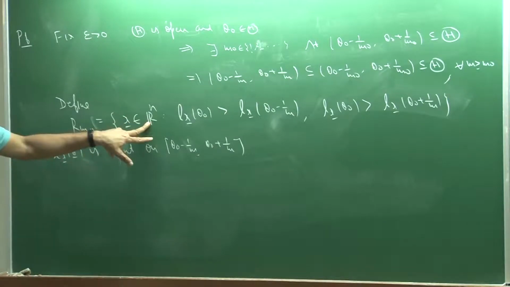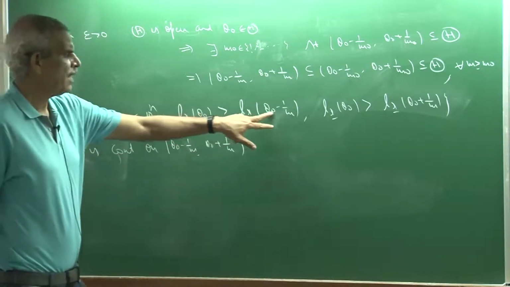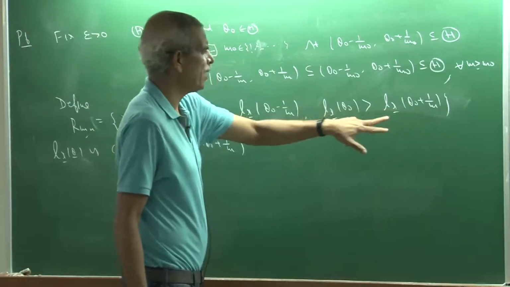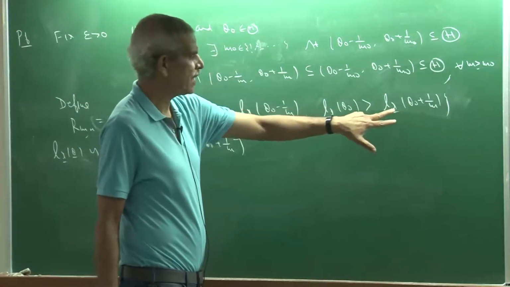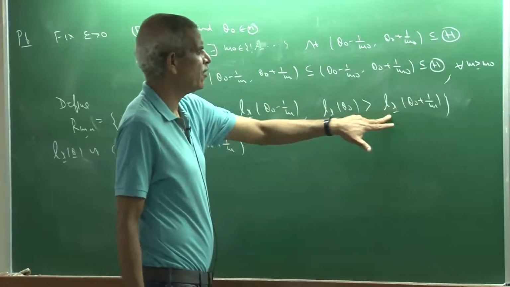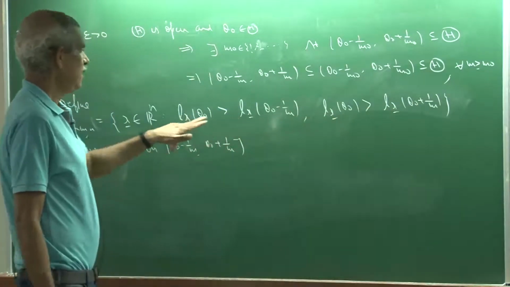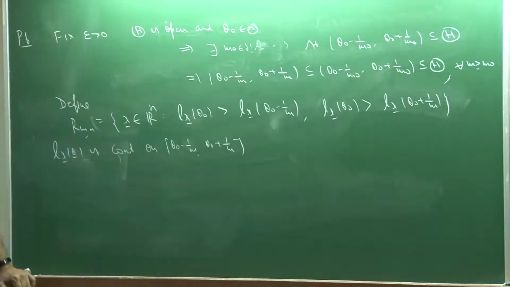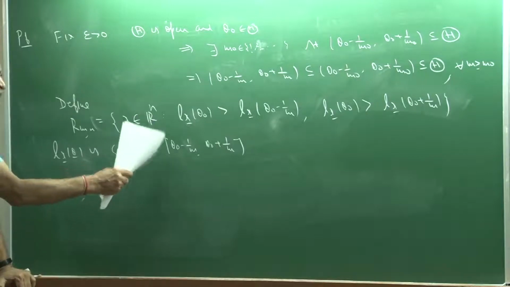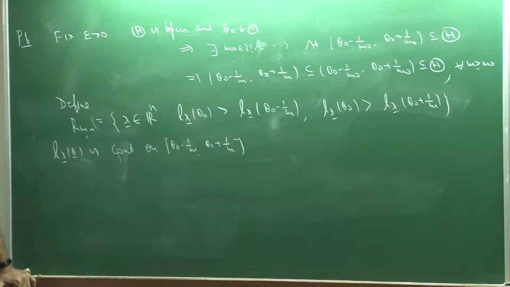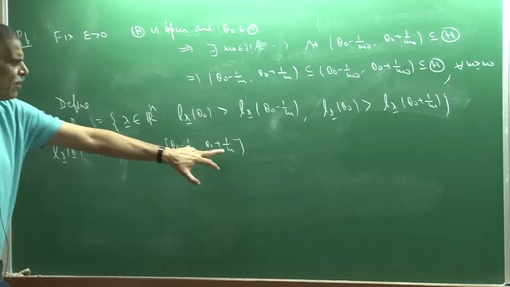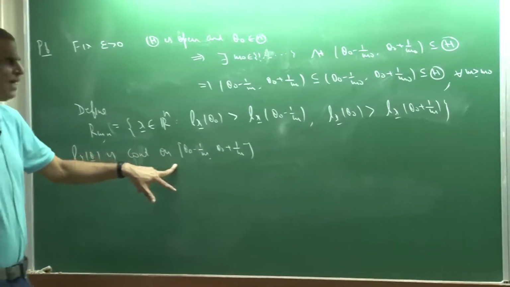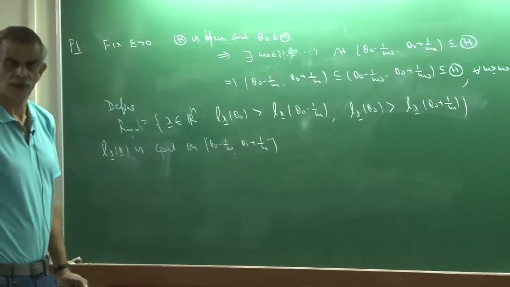So if x is belonging to R mn, then theta naught minus 1 by m or theta naught plus 1 by m do not give you a maximum, because at theta naught plus 1 by m the likelihood function is smaller than at theta naught, and at theta naught minus 1 by m also the value is smaller than that at theta naught. And L x theta is continuous on this, so it will attain its maximum and minimum both. But the maximum cannot be at theta naught minus 1 by m and theta naught plus 1 by m because of this, provided x belongs to R mn.